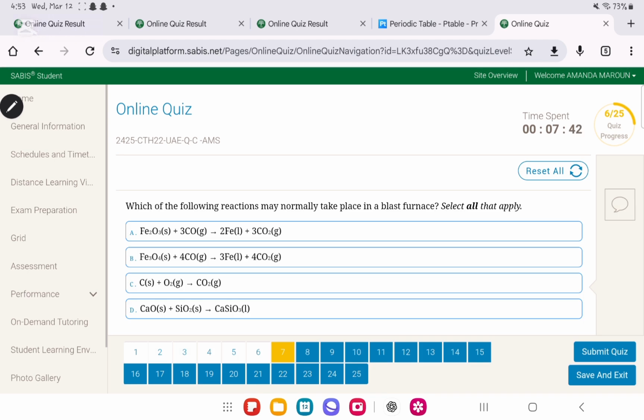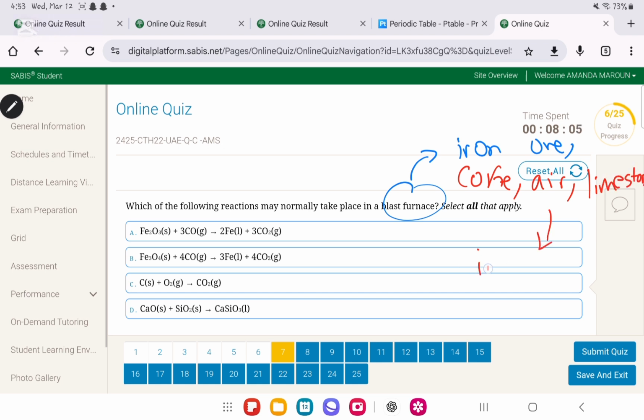We move on to question number 7. Which of the following reactions may normally take place in a blast furnace? We said in a blast furnace, we will take an iron ore, and we will use coke, hot air, and limestone. Then it will produce iron as a liquid.